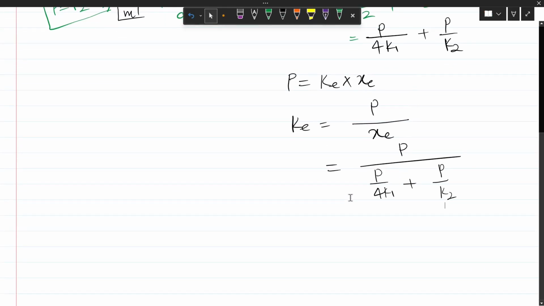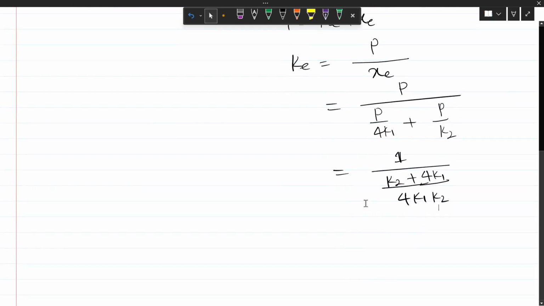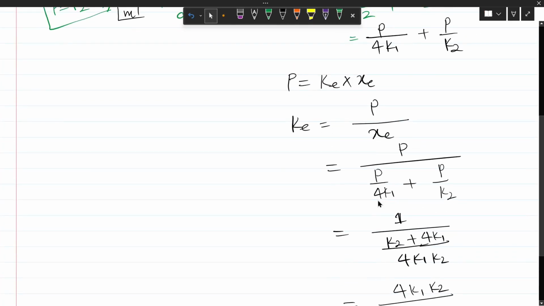I can do some more calculation here, and it becomes 1 over (k2 plus 4k1) divided by 4k1 k2. So from here I find ke equals 4k1 k2 divided by k2 plus 4k1.